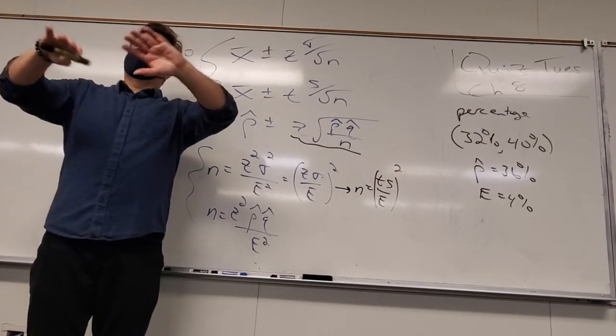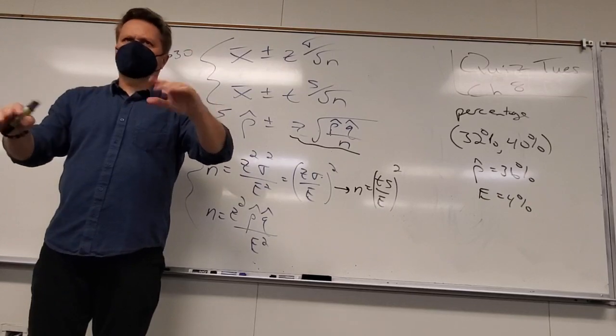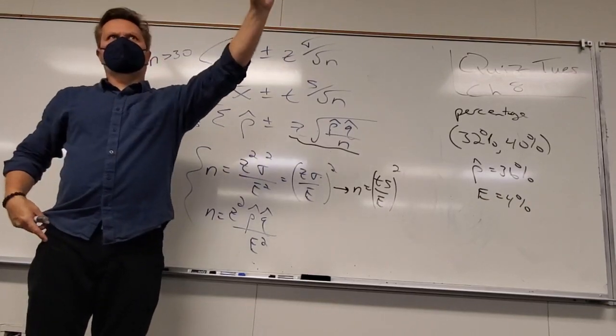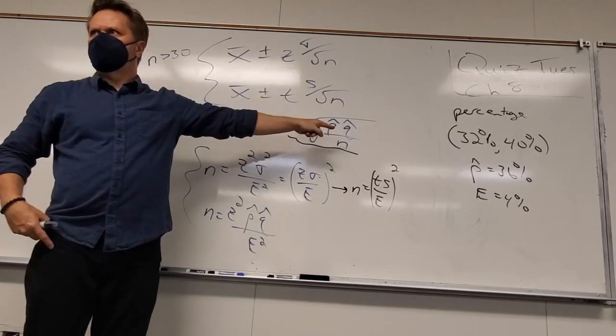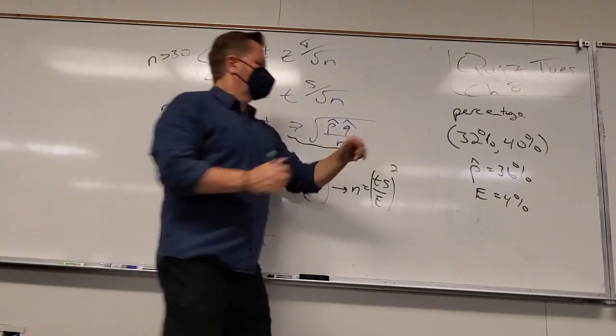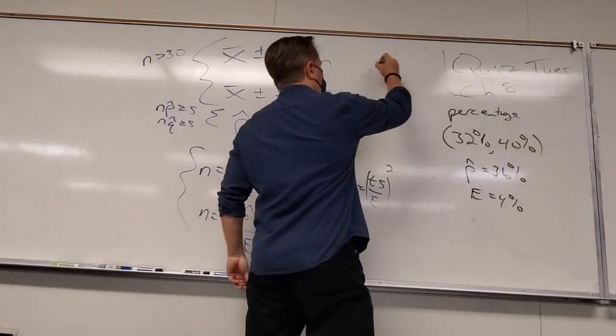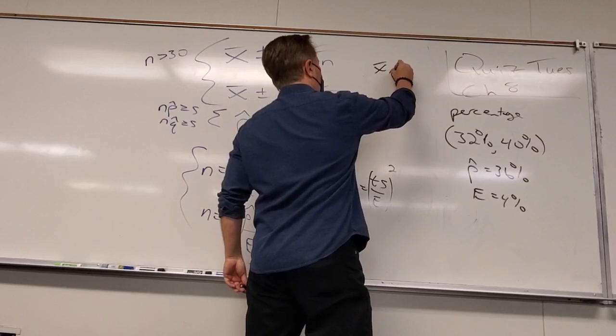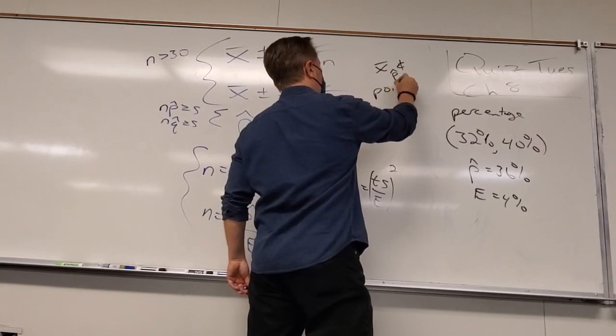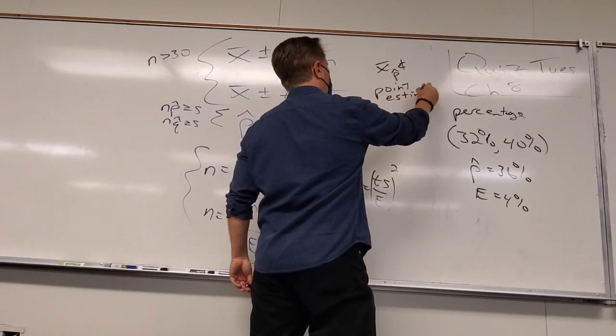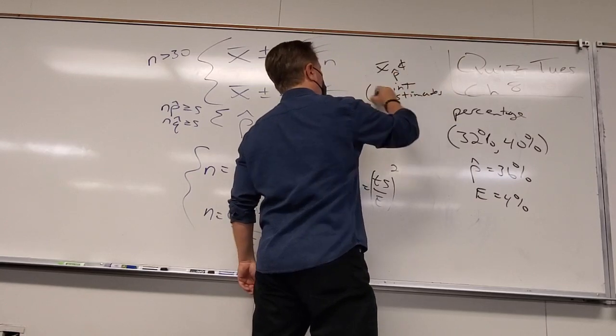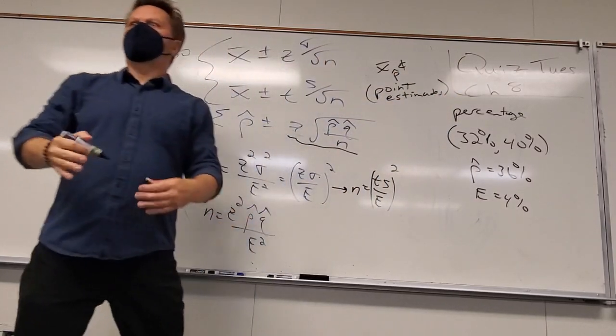So you will see, I think it's like 3 problems or something, where they give you a confidence interval and they ask you what's the point estimate. By the way, I always forget to say this, X bar and p hat, the book calls them point estimates, which is just a highfalutin way of saying our best guess.